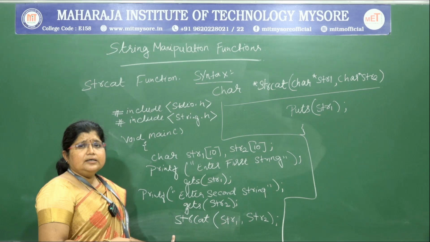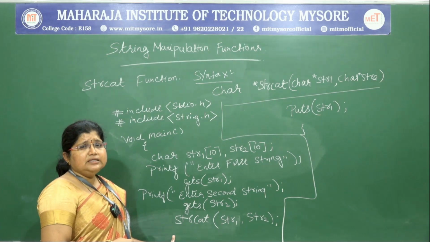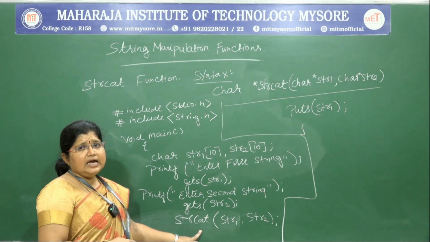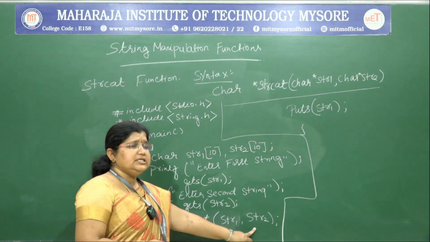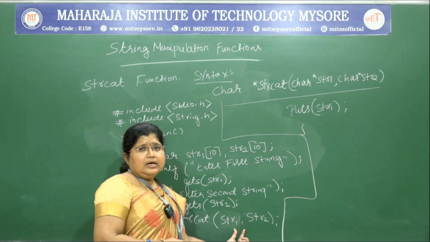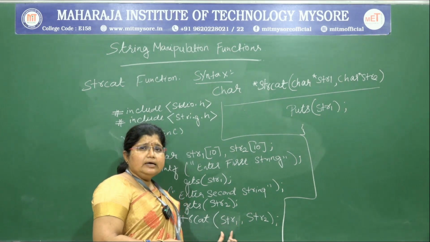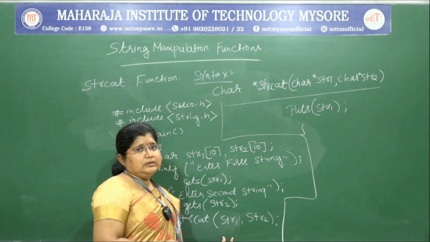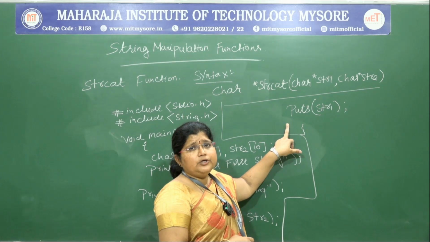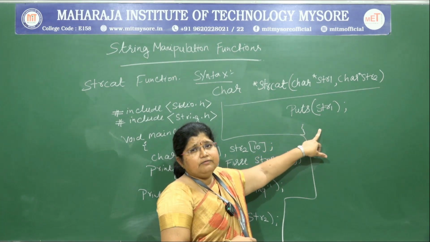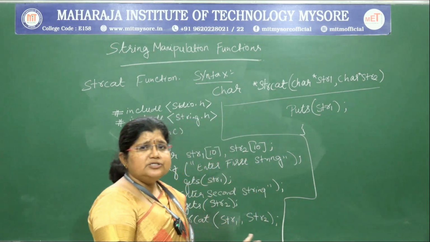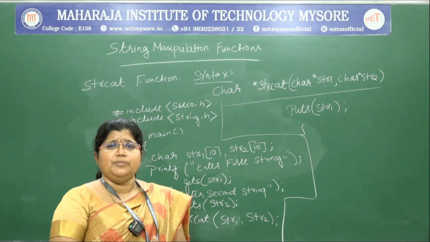Now apply the concatenation function by passing the two strings as parameters: strcat(str1, str2). After combining both strings, the result will be stored in the str1 location. Using the puts function, we print the concatenated string. So this is how string concatenation takes place.